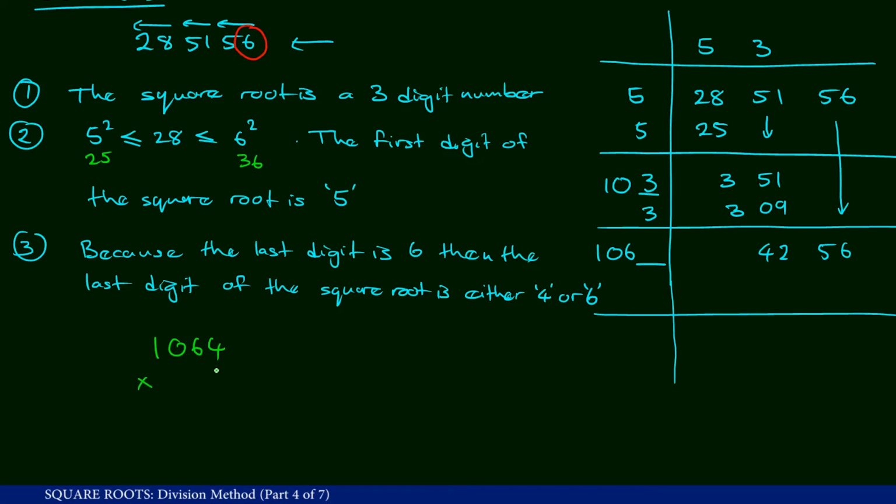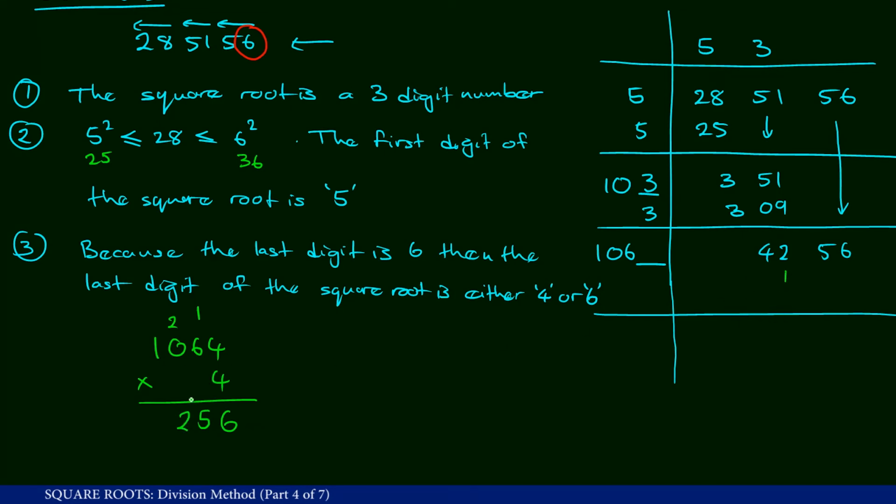1064 times 4. 4 times 4 is, of course, 16. So 6 here, 1 over there. 6 times 4 is 24. 24 plus 1 is 25. So it still matches the 5 here. Then 2 here. 0 times 4 is 0, plus 2 is 2. Still a match. It looks like this is going to be the answer.